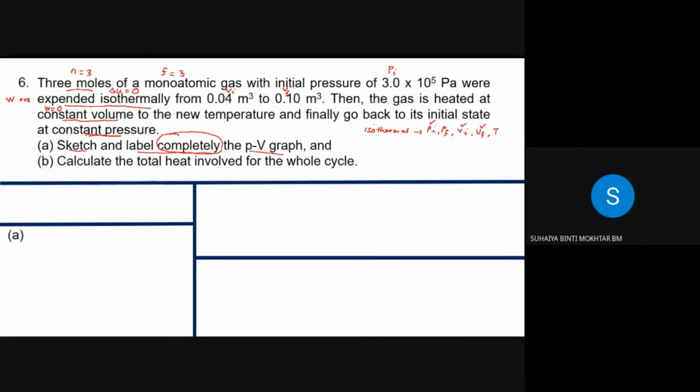So for isothermal, we must calculate the final pressure and the temperature. Then constant volume, isochoric.